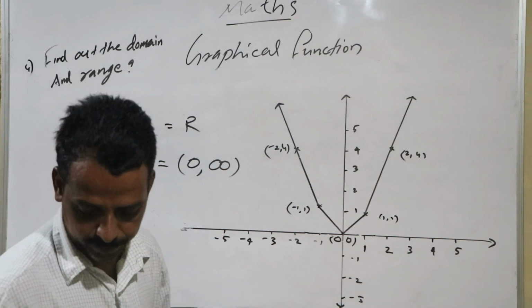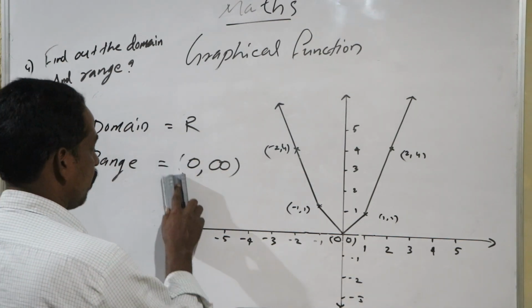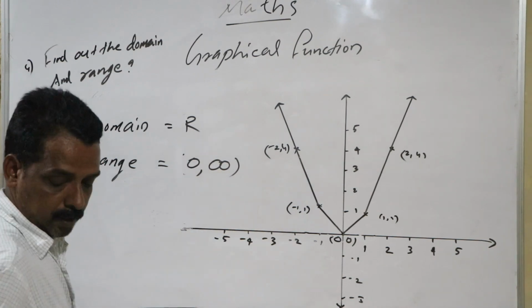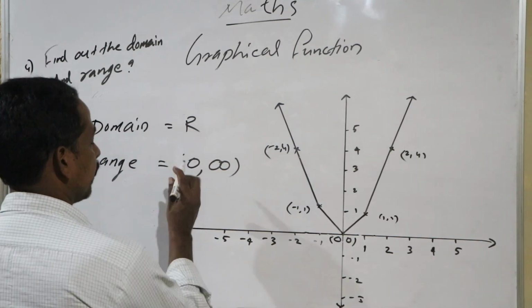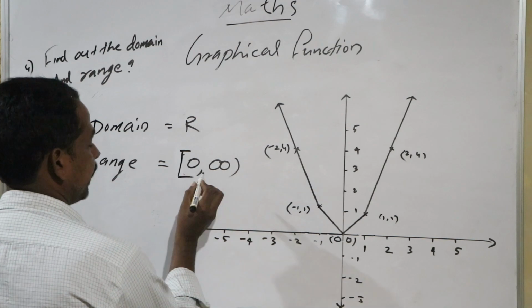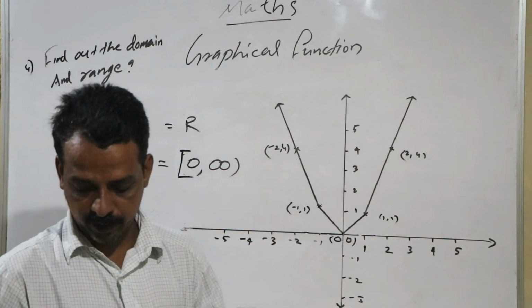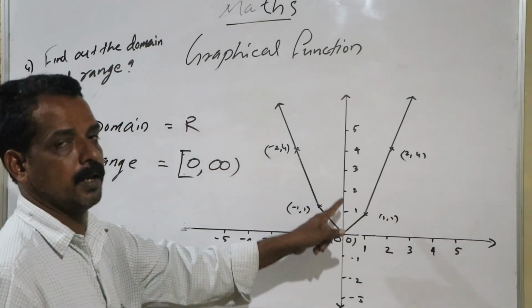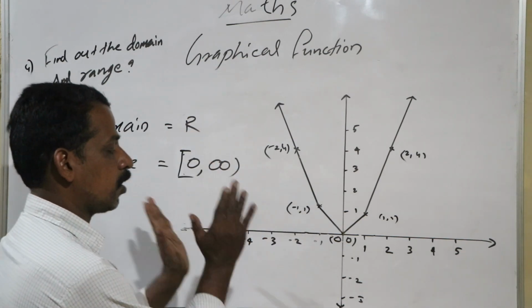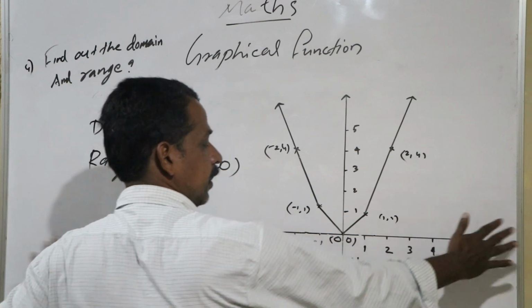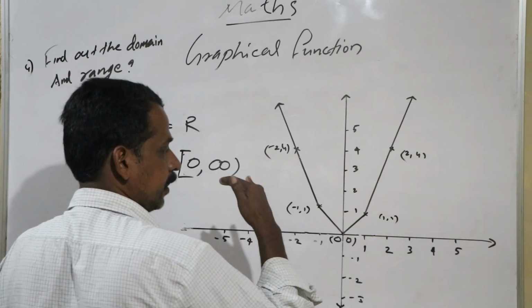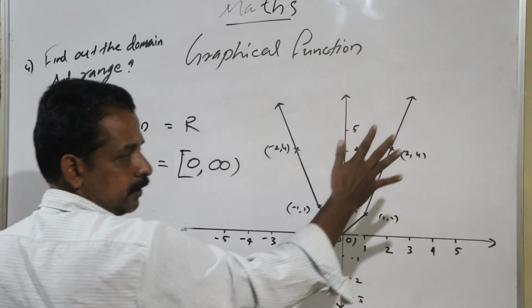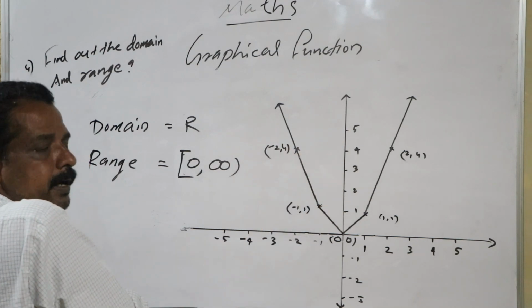0 is included, so here it is not an open interval. Here we must use a closed interval, including 0. Okay, the domain is real numbers. Why? According to the x-axis, it goes to the right side and left side.